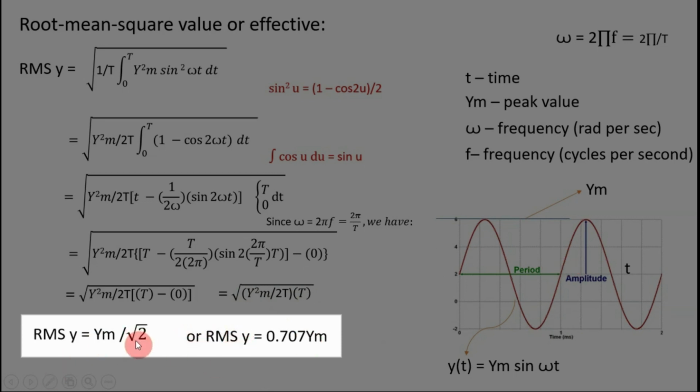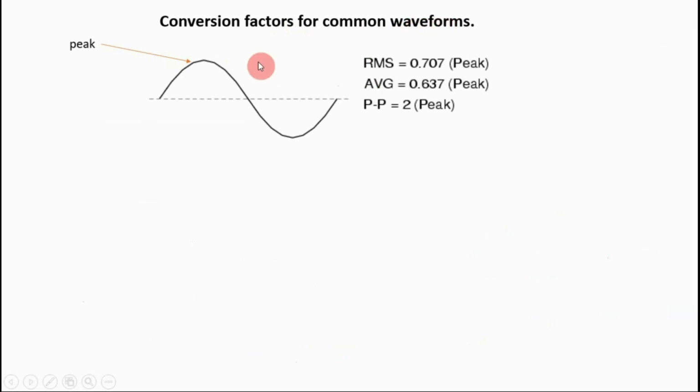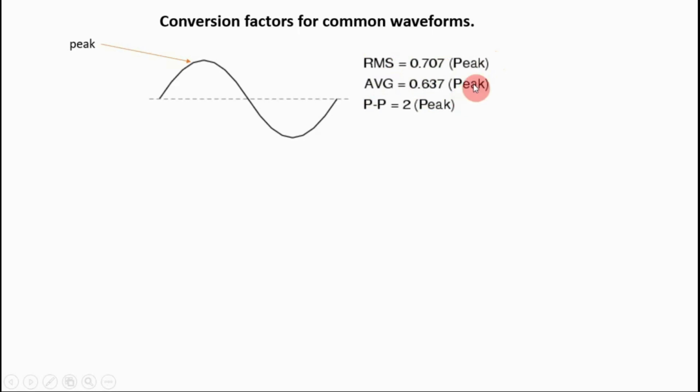If you are going to get the decimal value of that, it is 0.707 times the peak value. For the conversion for common waveforms, for sinusoidal waveforms, the RMS is always equal to 0.707 times the peak value. For the average, you multiply the peak value by 0.637, and peak to peak is just twice the peak value.